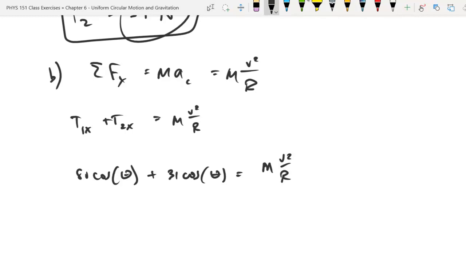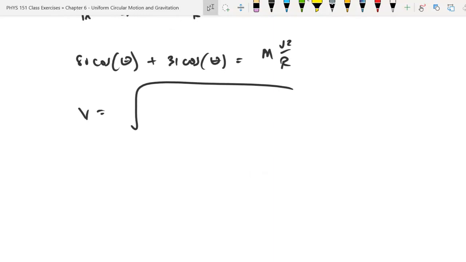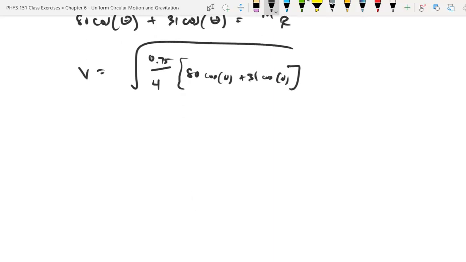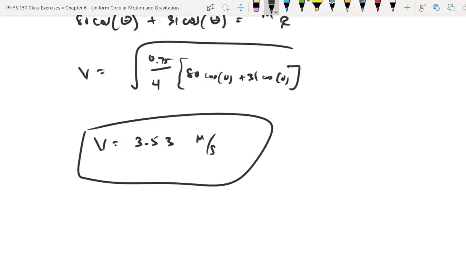Either way, we can get v from this as the square root of what we have here, r, which was 0.75, divided by m, which was 4 kilograms, times this 80 cosine theta plus 31 cosine theta, right? And so we end up with v is equal to 3.53 meters per second.